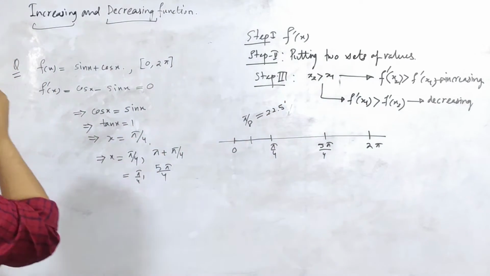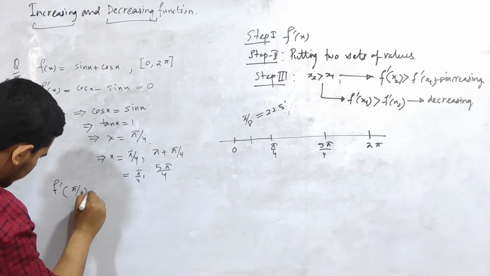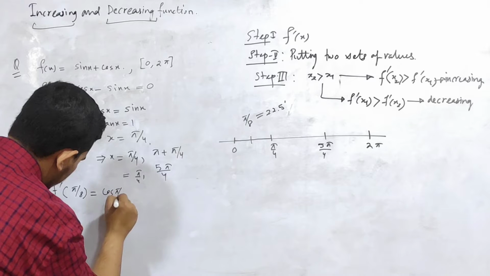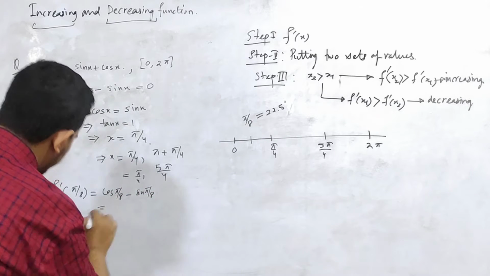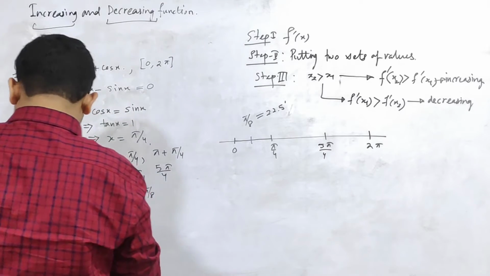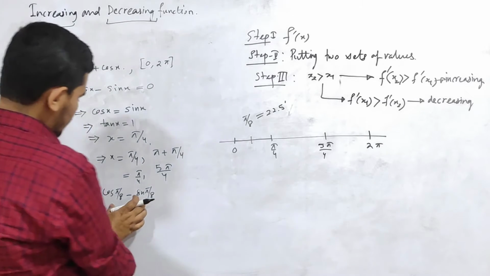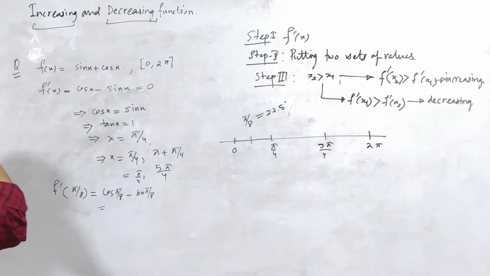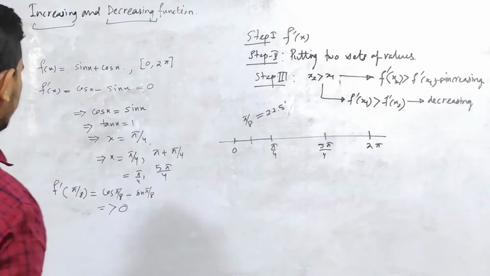So if you check f dash of pi by 8, which is cos of pi by 8 minus sine of pi by 8, when you calculate this value you get a positive value.